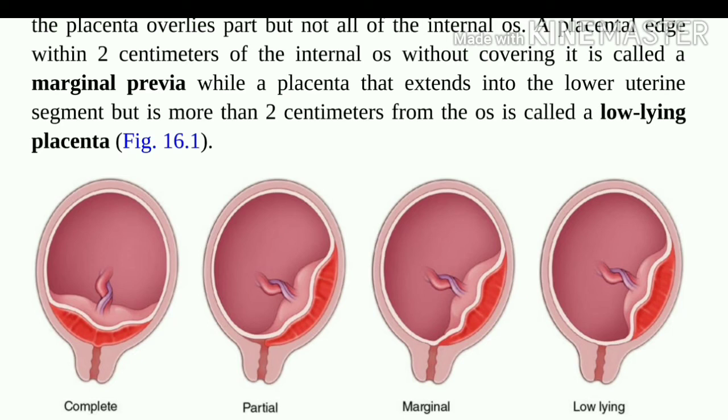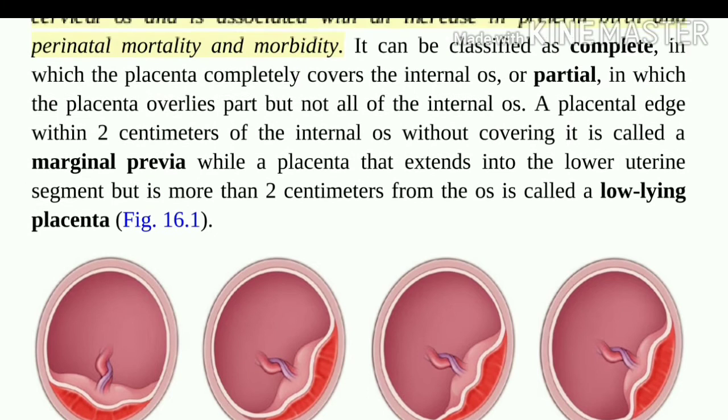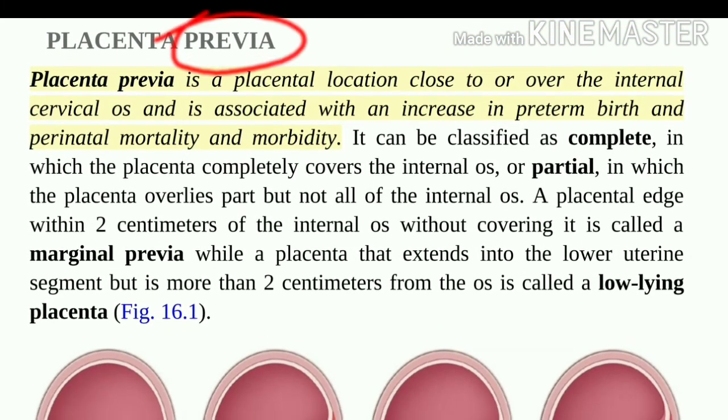So what are the signs and symptoms of placenta previa? As we have the word previa here, I made a mnemonic for that. P means painless bright red bleeding. Painless bright red bleeding is one of the signs of placenta previa. R is for a relaxed, soft, non-tender uterus. Why is the uterus soft?